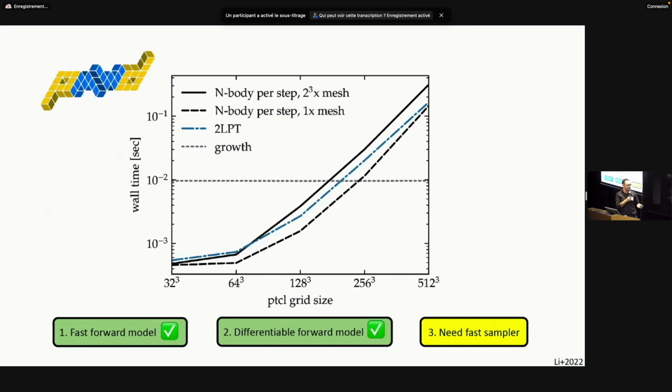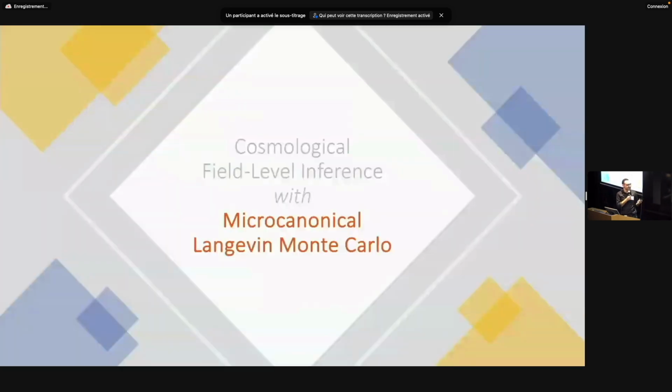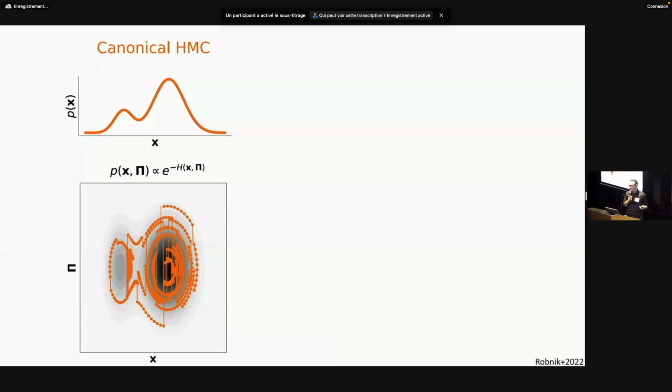And so we've got a solution to these first two problems, but the final problem now is we need a fast sampler. And that leads me on to the next part of the title, Microcanonical Langevin Monte Carlo. So the traditional sampling method people use is Hamiltonian Monte Carlo, or canonical Hamiltonian Monte Carlo. The problem setup is that you have some, say, 1D probability distribution, P of X, on the top left.